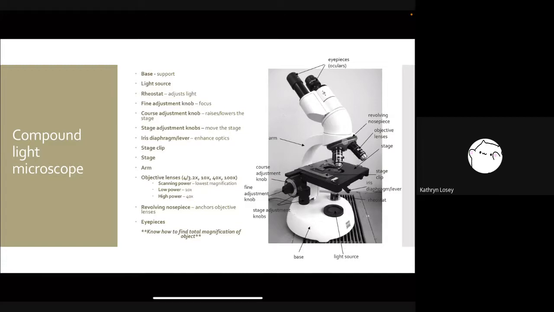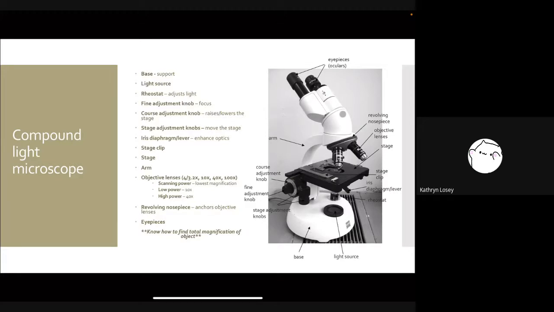So when you're looking through low power, you're seeing that specimen 10 times the size of what it actually is. But when you get into your eyepieces, they also have a 10 times magnification. So if you're on low power, which is 10x, and you have eyepieces, which are 10x, then the total magnification for that objective lens that you are looking at is going to be 100 times magnification.